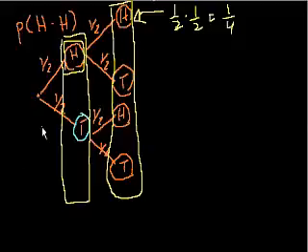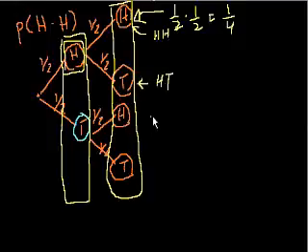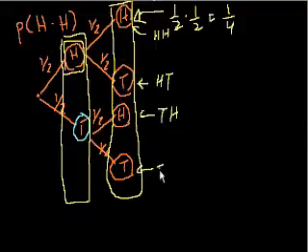Another way of thinking about it is each of these scenarios. So this is the scenario heads heads, right? Because you got a heads and then a heads. This is the scenario heads tails. This is the scenario tails heads, right? You got a tail, then you get a head. And this is the scenario tails tails. And all of these are equally probable scenarios, right? There's no reason why one is more likely than the other.